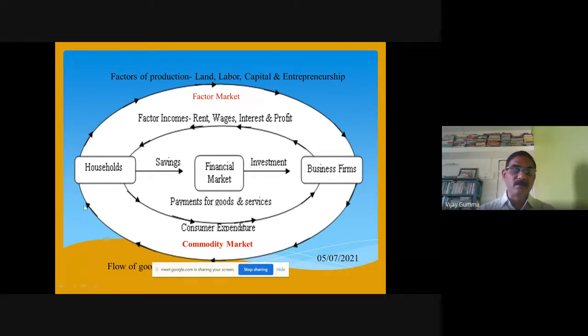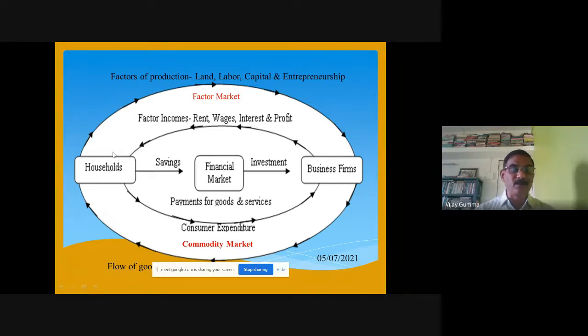See, income of the household sector is determined by the factor market, that is, prices of different factors of production.